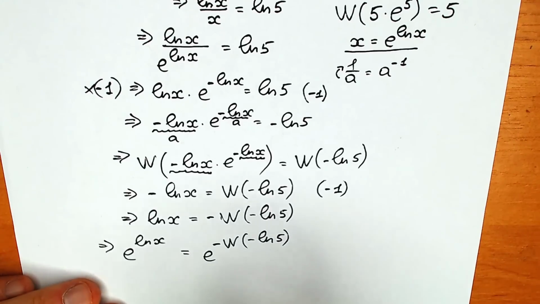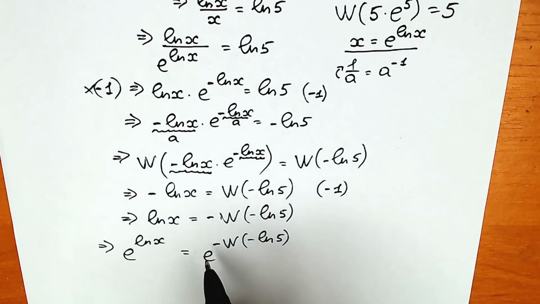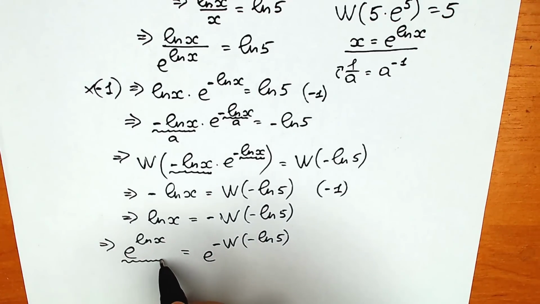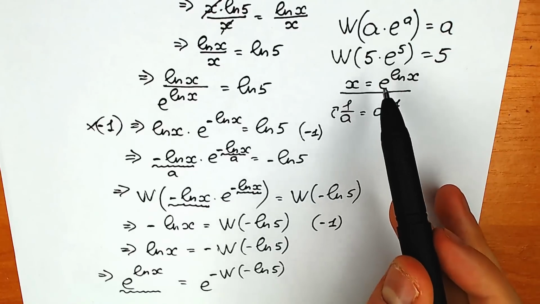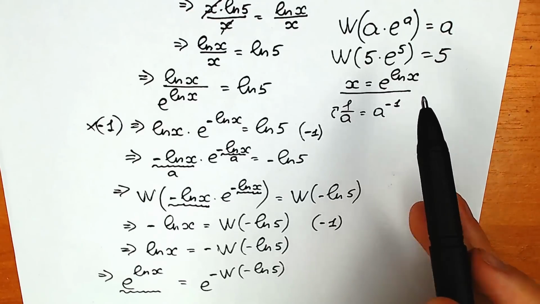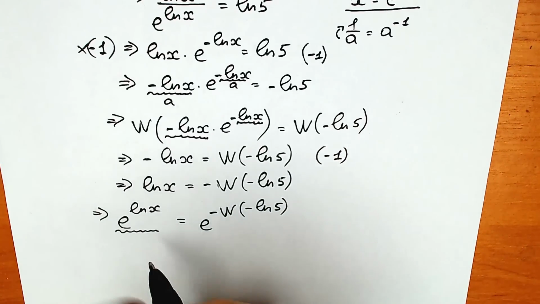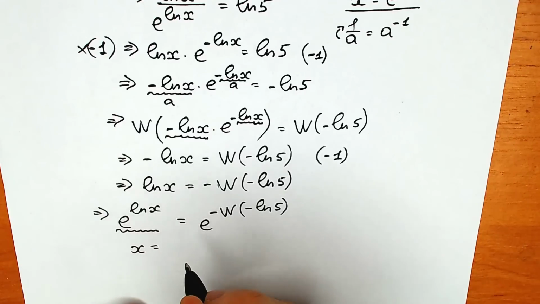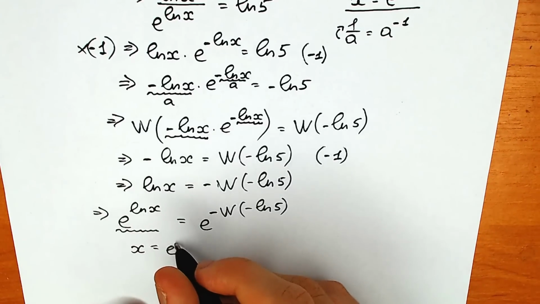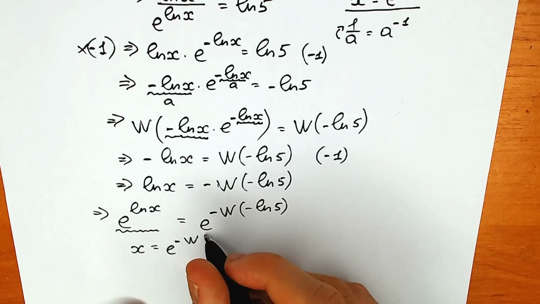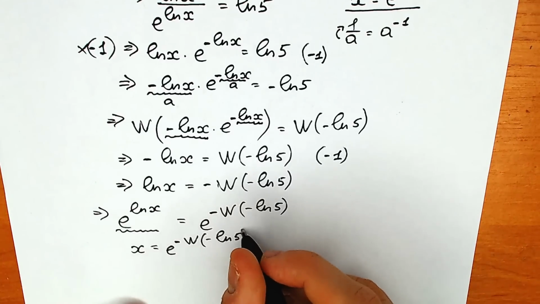Obviously, it changes nothing for us. And if you look closely right now, e to the power natural log x equals x, okay? So we have x on the left side. So x equal to this expression, this is a constant, so doesn't matter. So x equals e to the power minus Lambert W function of minus natural log 5.